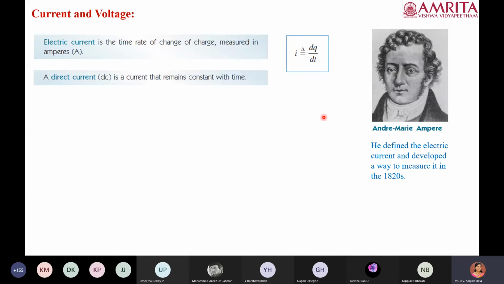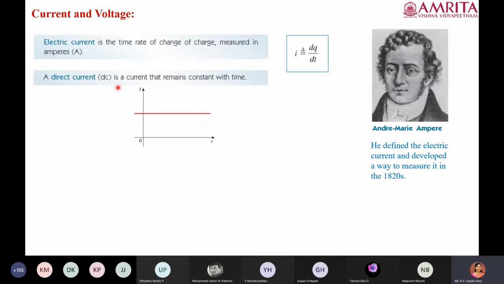Here the current can be broadly classified as a direct current and an alternating current. Direct current, as the name indicates, is also called a constant current. Irrespective of the change in time, the current across it remains constant.